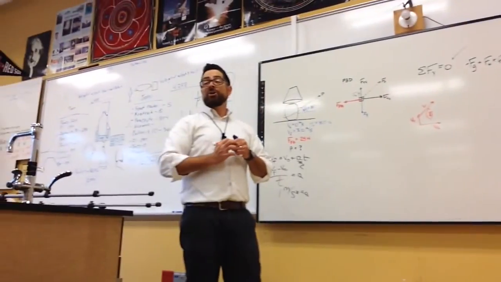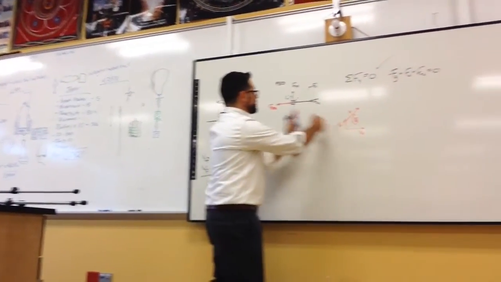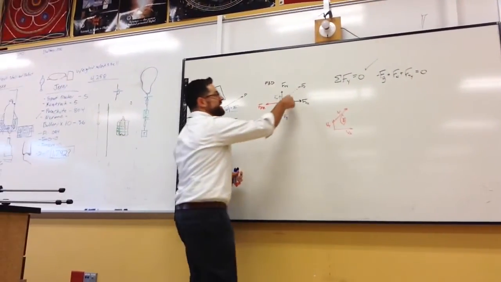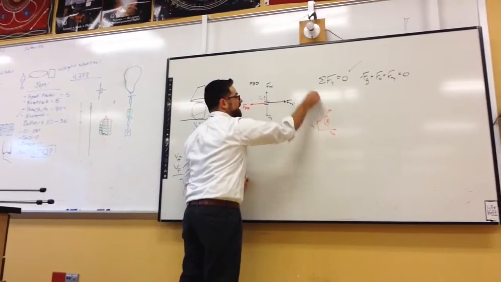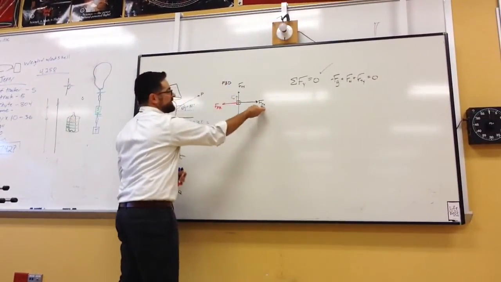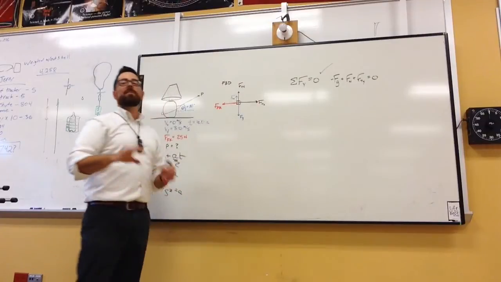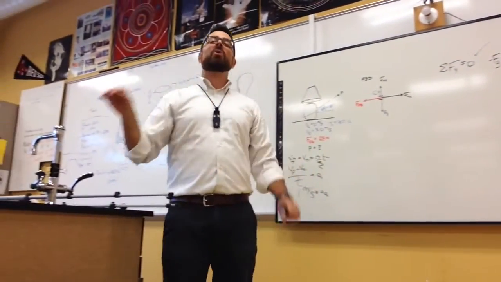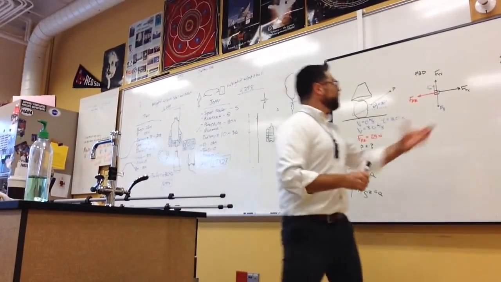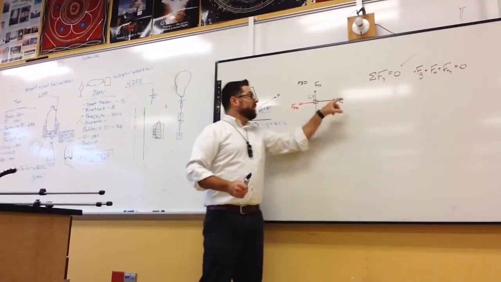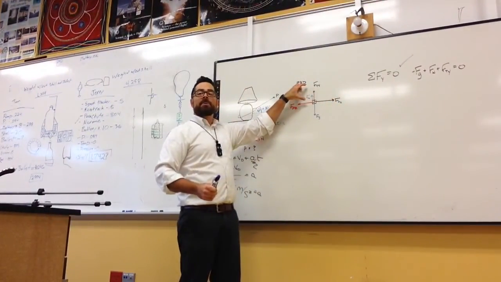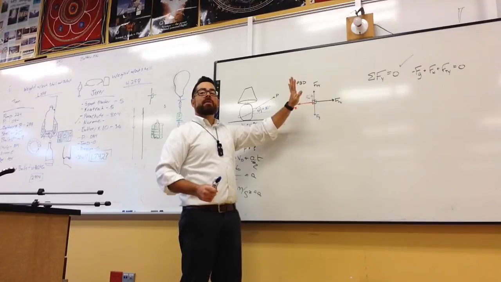What I'm telling you is that nothing has changed when we deal with forces. This tension force is useless to us. Now that I've represented the force in component form, I don't need to think about it going up and to the right. I've already dealt with the amount going to the right, and I've already dealt with the amount going up. So I can stop there. Does that answer your question?